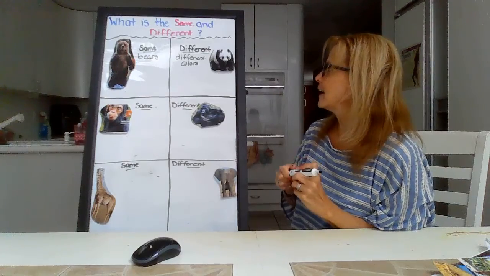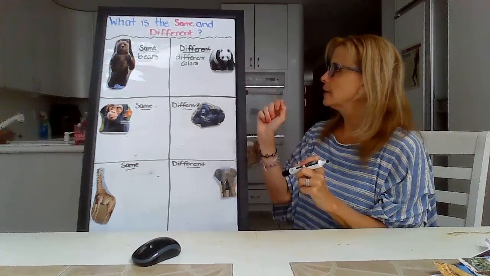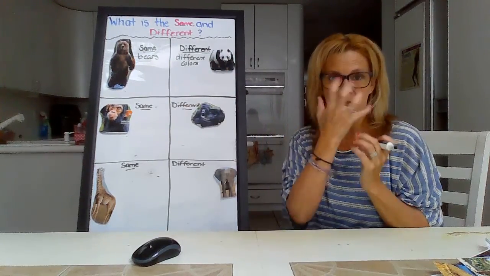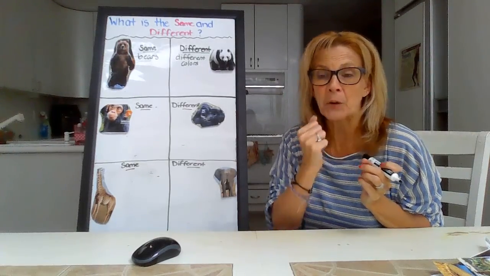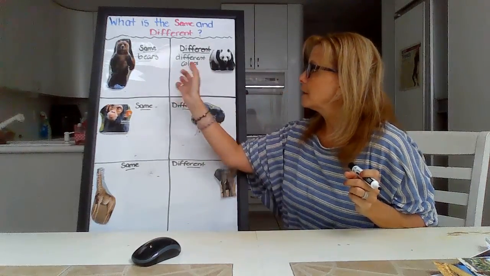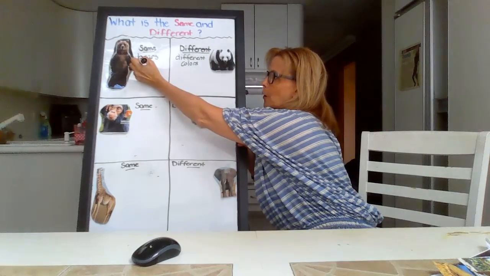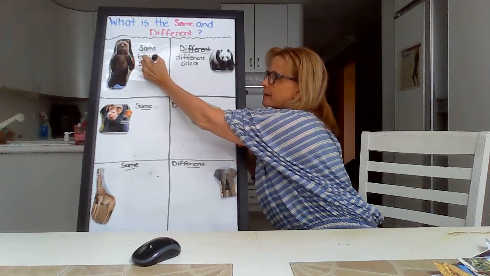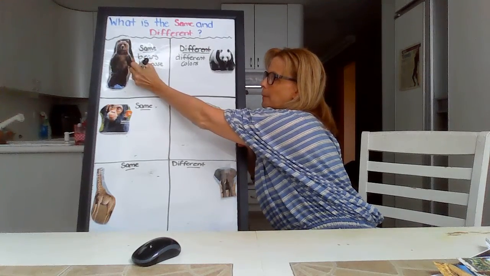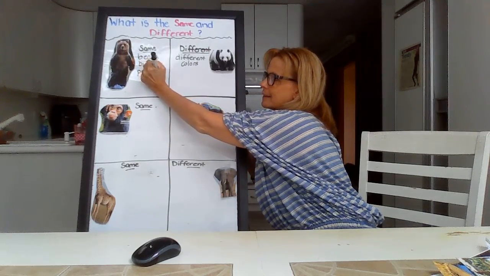What else is the same? If we look closely, they both have a big nose and they both have pointy ears. So they have a big nose and pointy ears.